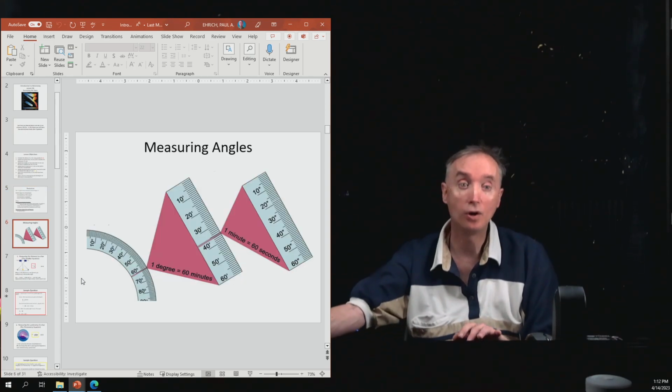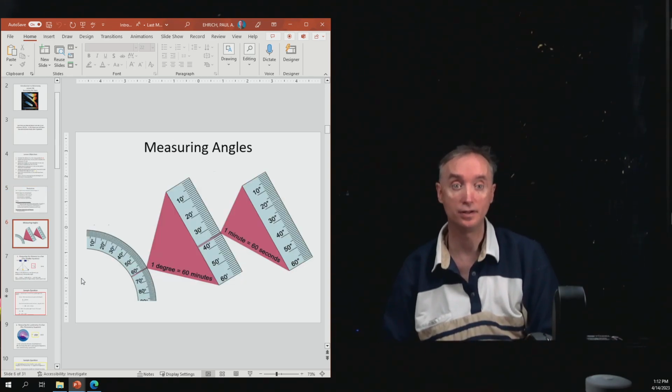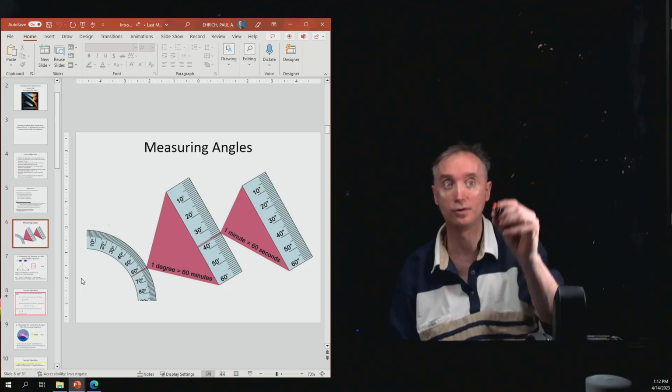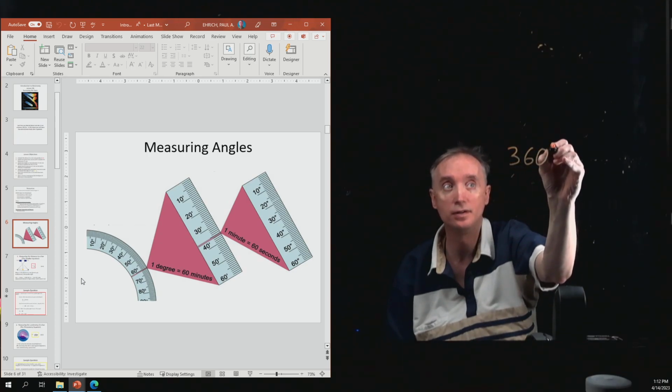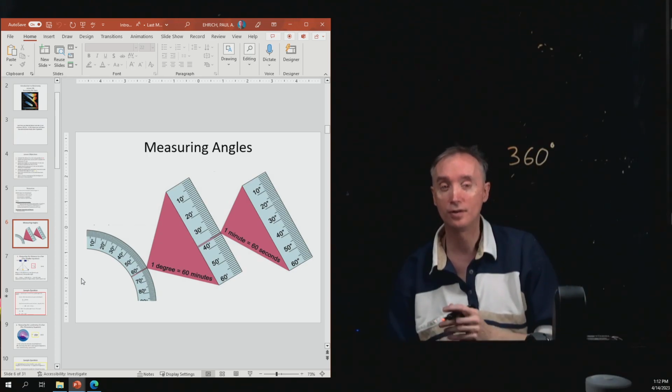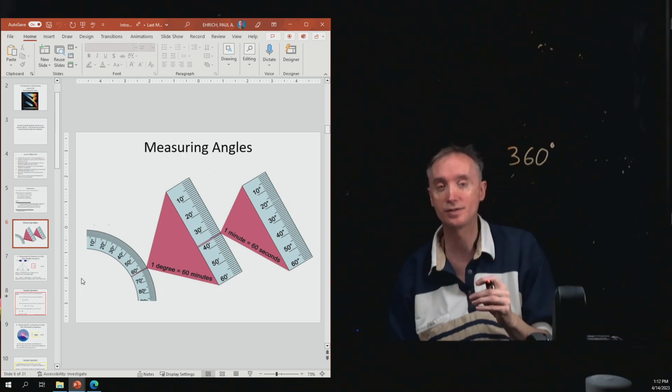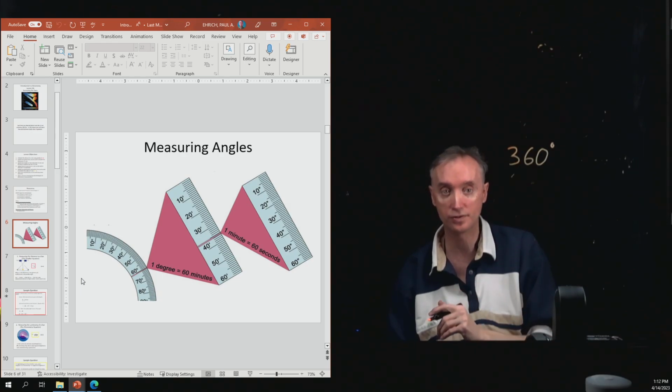So you need to know what an arc second is, so that if you go around in a complete circle, that's going to be 360 degrees. Or another way of saying that is 360 arc degrees.